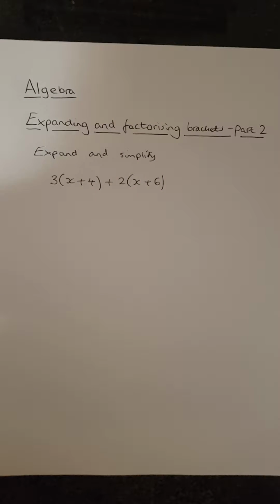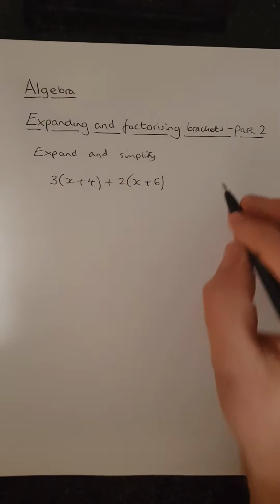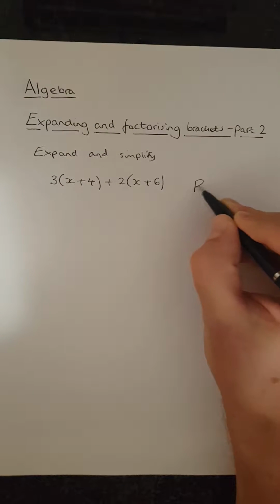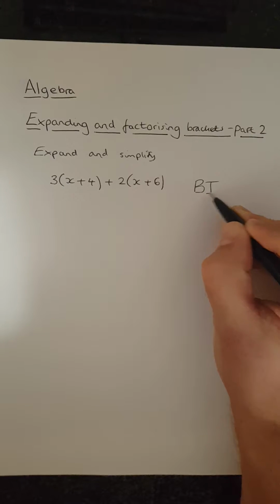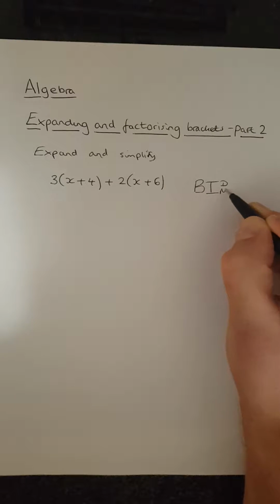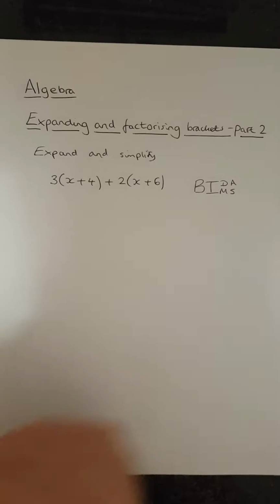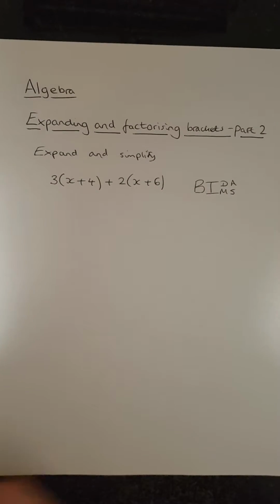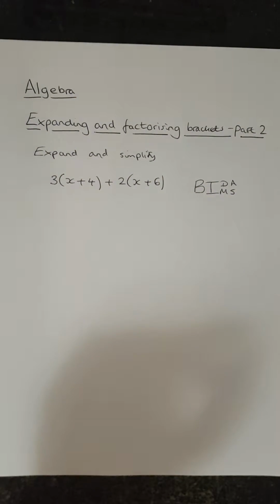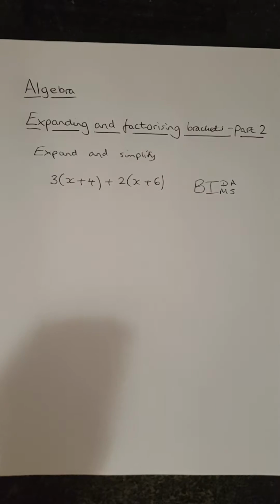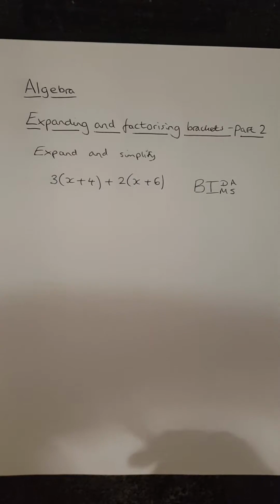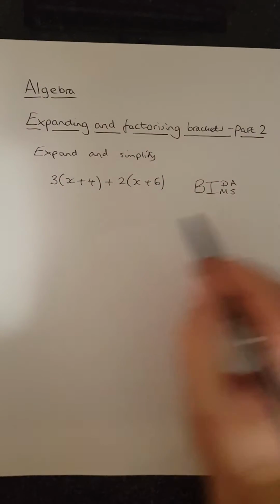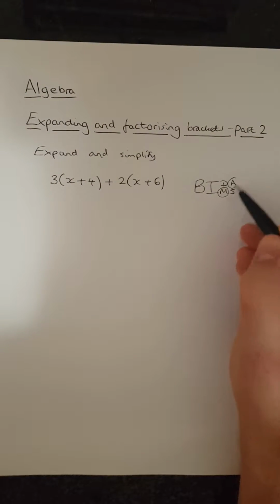Okay, hopefully you've got some ideas. I'm going to give you one clue. And it's a clue I often give in algebra because it is the order of operations. So, we've got brackets, multiplication and addition.